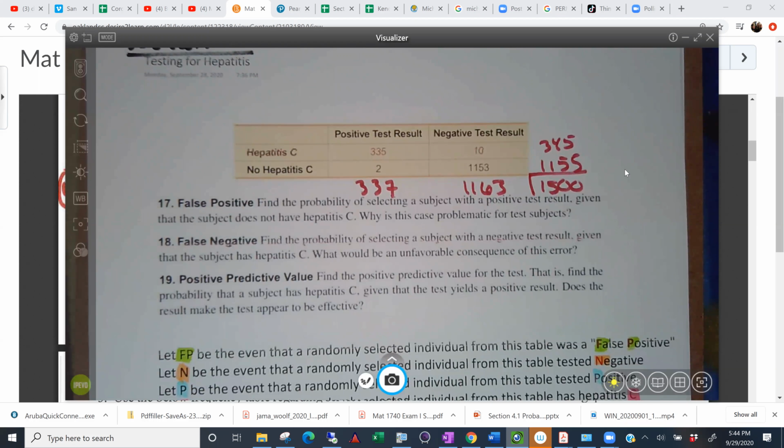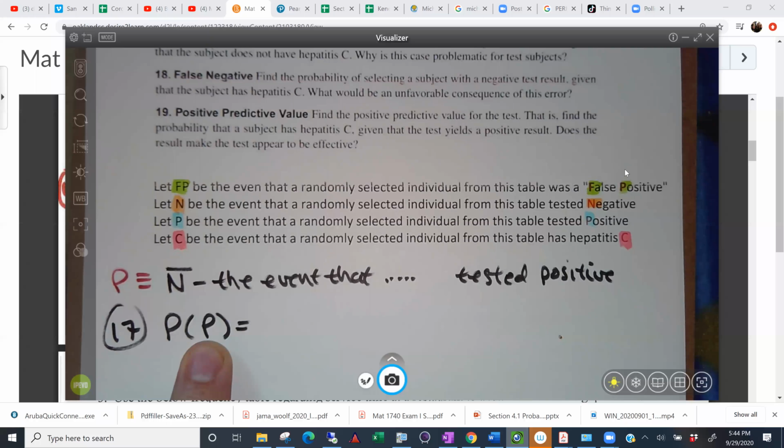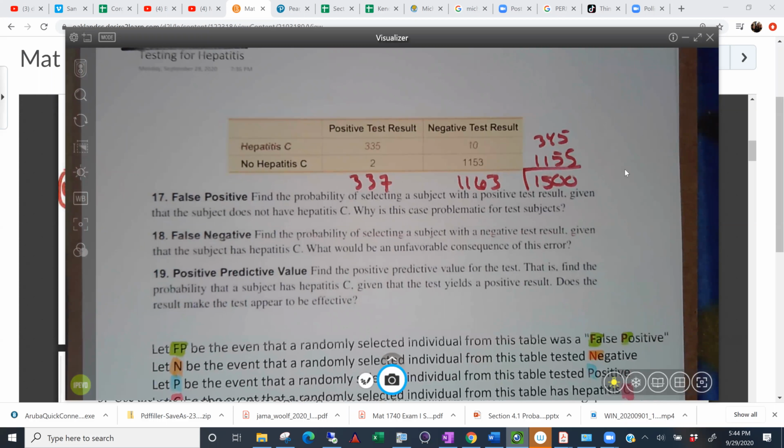So we're going to start with this right here, probability of P. What's the probability that somebody tests positive? Well, let's look back at the table. First of all, how many people are there in this data set or in this table? 1,500.